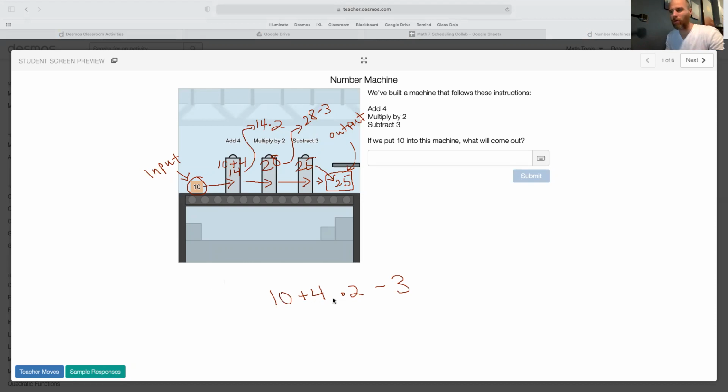So in order to mimic what this machine just did, we would need to put the 10 plus 4 in parentheses. So 10 plus 4 first, then multiply by 2, then minus 3. And that got us 25. So let's put 25 up here, and we'll move on.